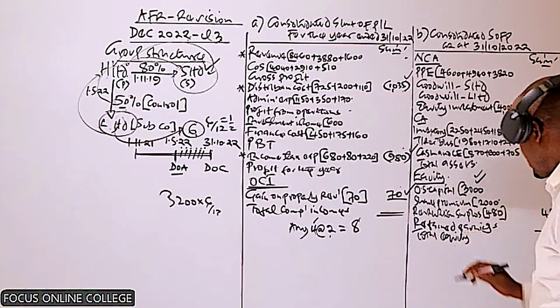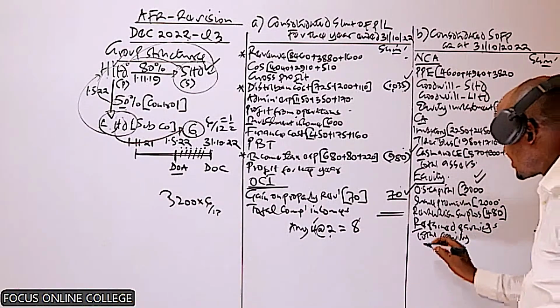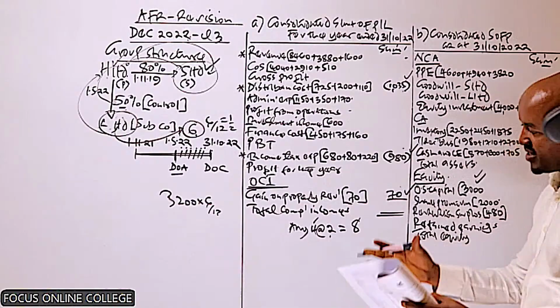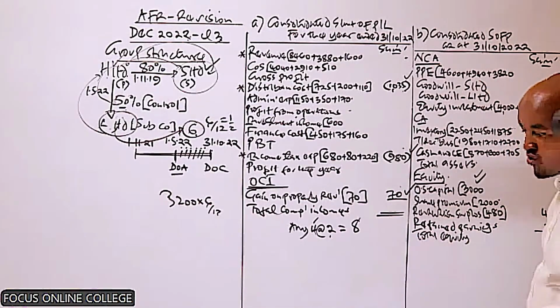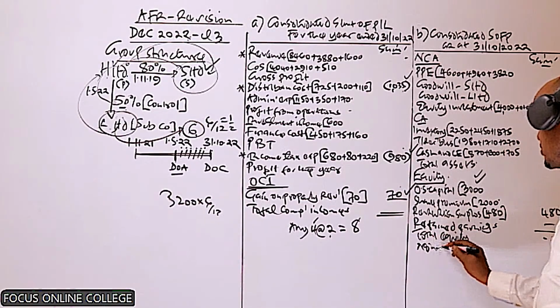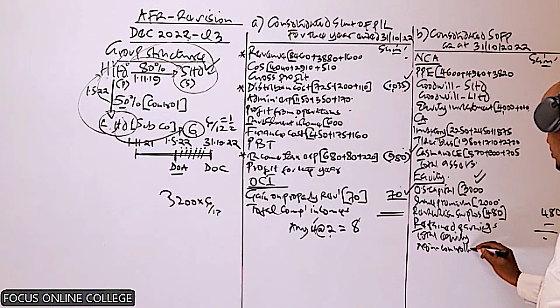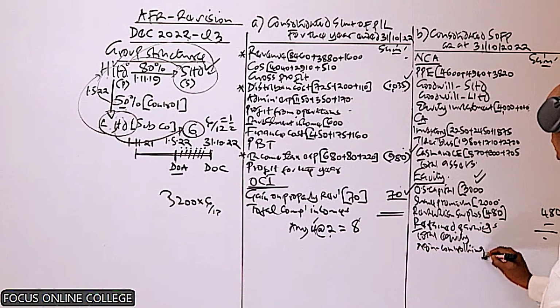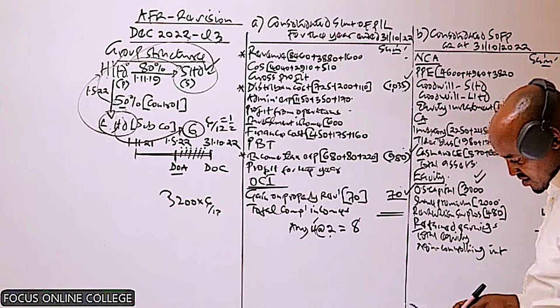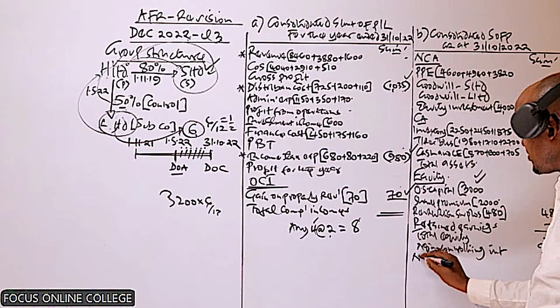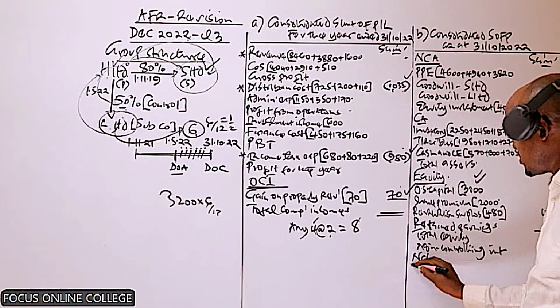So just ignore the retained earnings. The issue is not balancing. The issue is trying to get maximum marks. There is also something which we compute here, which is called non-controlling interest. Equally, we say just ignore that.